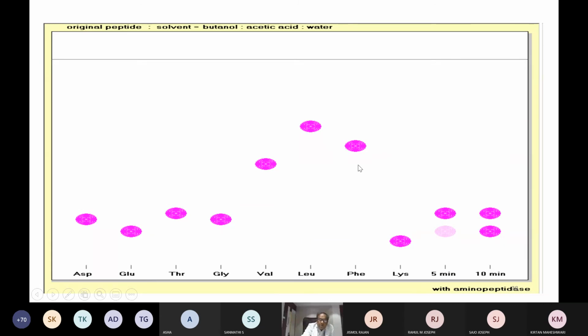The movement of each will be calculated to find out the RF factor, and that RF factor will be compared with that of the unknown sample, and it will be found out which type of amino acid is separated.